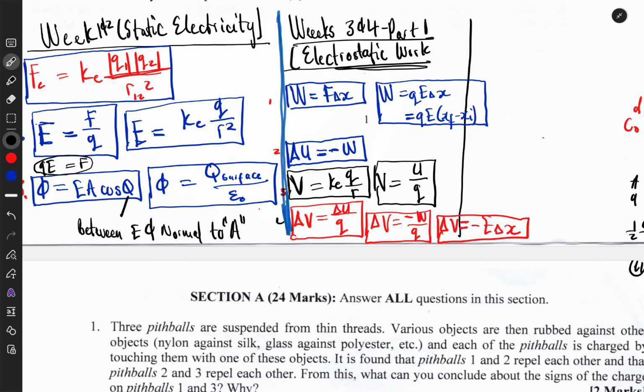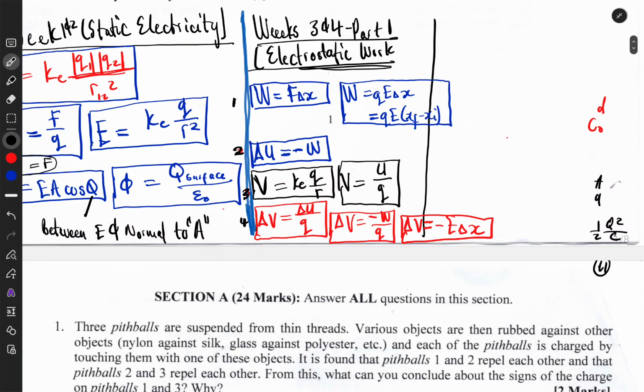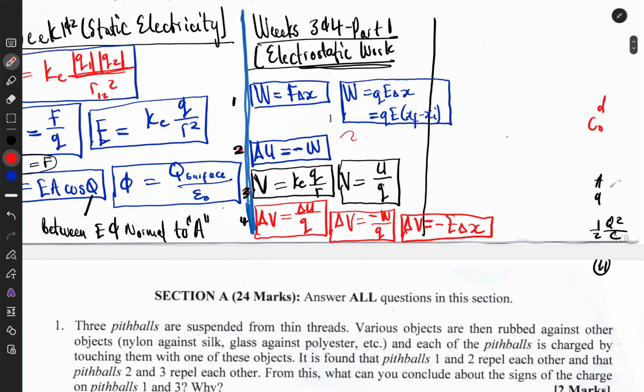That's the 4th formula, and this is the 3rd, this is the 2nd, this is the 1st, okay? So now remember, 1 for work, 1 for delta U, 2 for V, 3 for delta V, and you're done, okay? For delta U, remember, if delta U is negative work, it also means work is equal to negative of delta U. That's the relationship they have, okay?